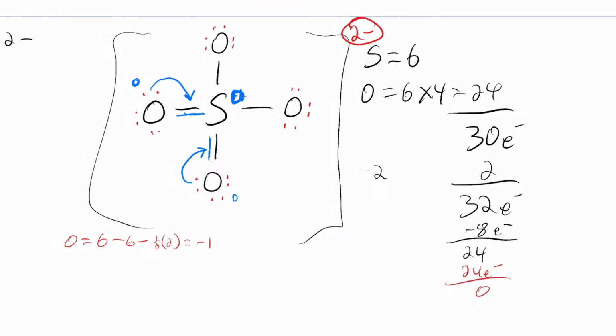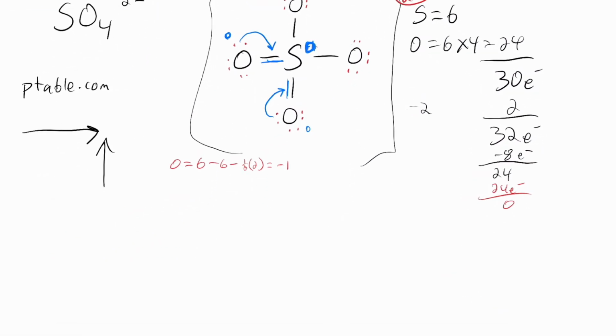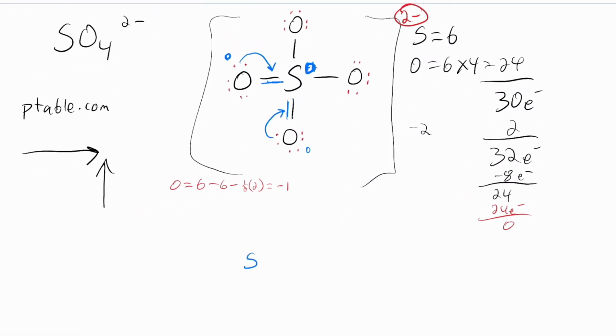So a more stable structure for this sulfate ion is going to have sulfur in the middle, single bonded to 2 of the oxygens, and double bonded to the 2 other oxygens. And that gives us the proper formal charges that we need.